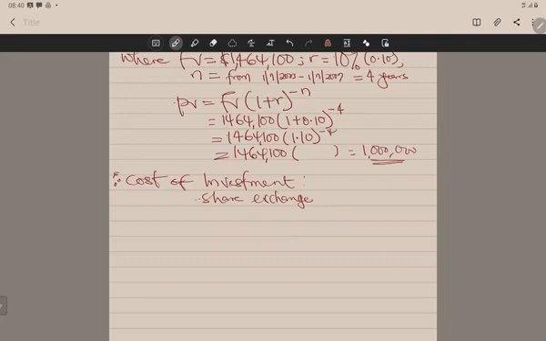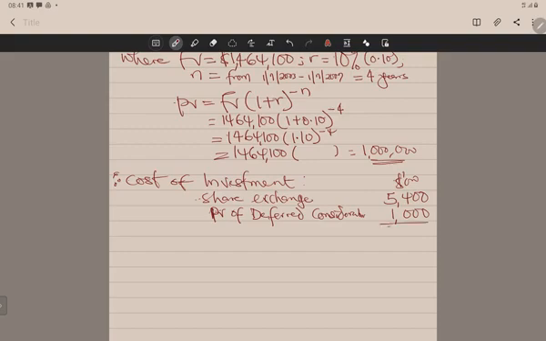Share exchange. Let's assume that it's already in thousands. Share exchange will be 5,400. Then you will have deferred cash, PV. It is the PV that you did. In order to get the value now, PV of deferred consideration, that one is what? 1,000.